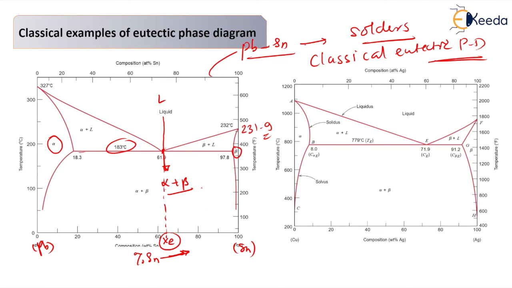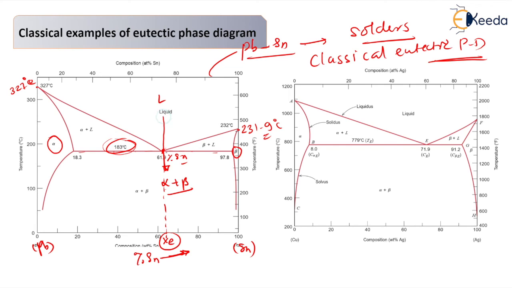And if you see here, this composition is how much? 61.9 percentage of tin. So these two elements, lead and tin, one has a melting temperature of 327 degrees centigrade, the other 232 degrees centigrade, but both melt at such a low temperature, that is, at 183 degrees centigrade.